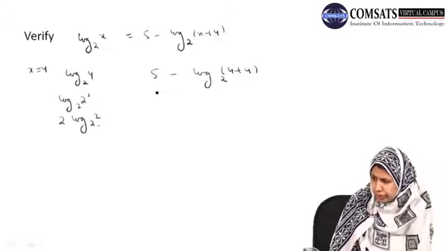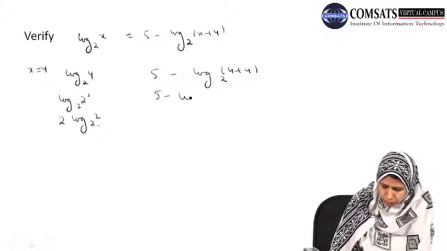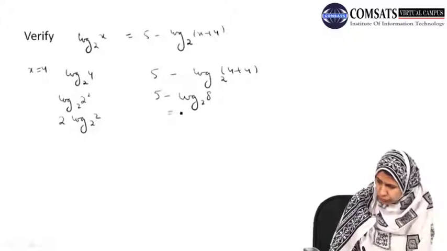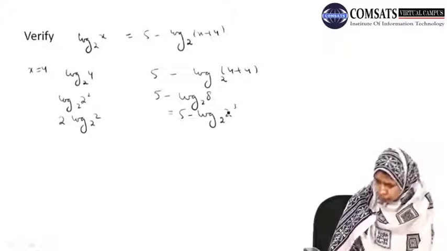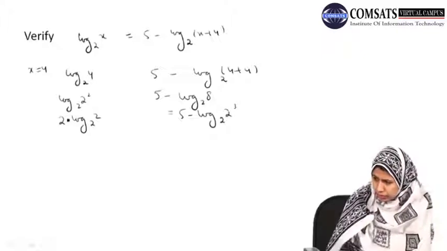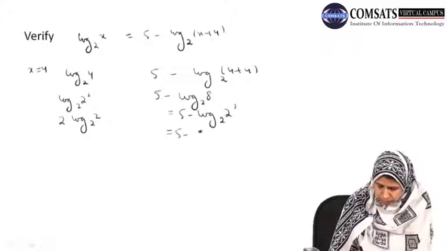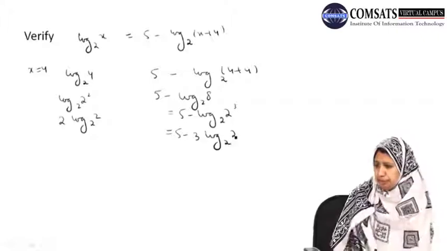Now the right hand side will be equal to 5 minus log of 8 to the base 2, which will be equal to 5 minus log of 2 cube to the base 2, which can be further written as 5 minus 3 log of 2 to the base 2.